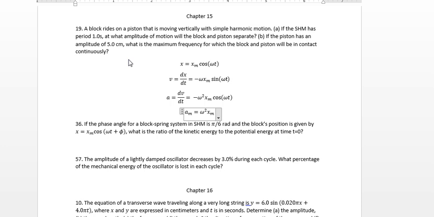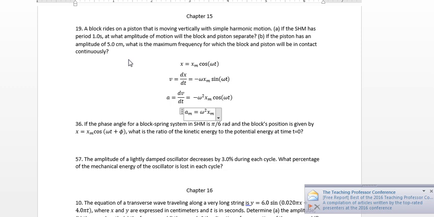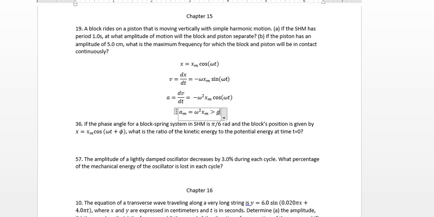That's our maximum acceleration. It's negative because it's downward, but the magnitude is omega squared x_m. It occurs at the top of the arc, the highest position that the piston goes to, and we need for this to be greater than g.